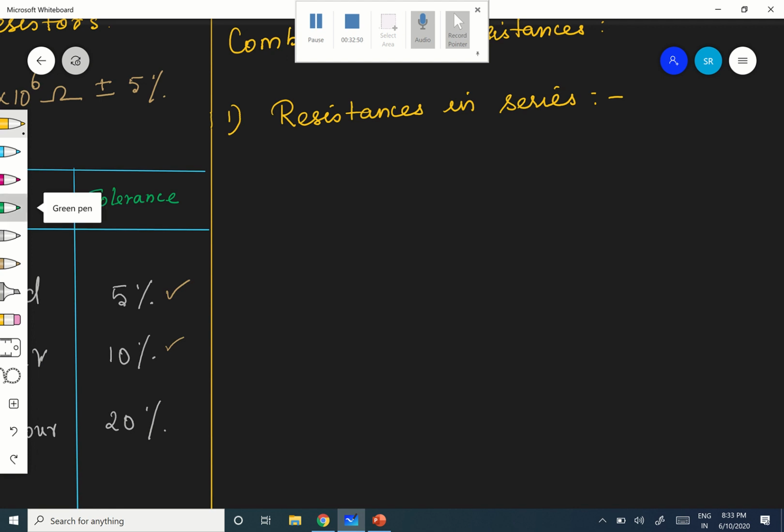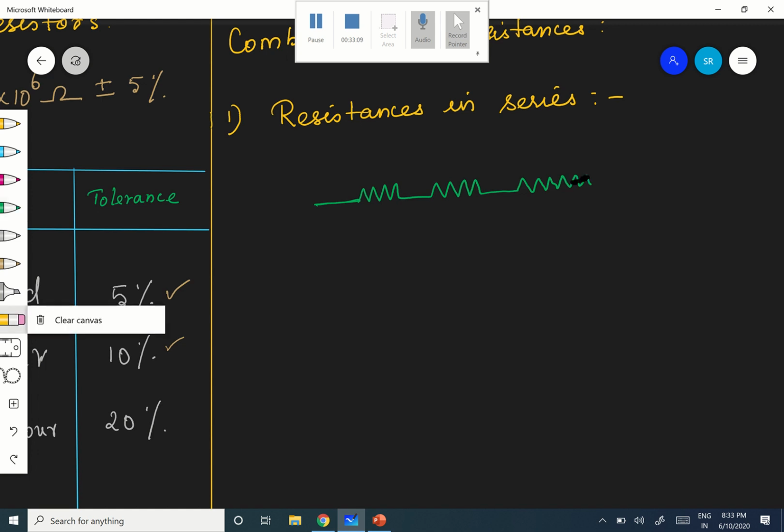I have 3 resistors which are connected in series. Therefore, the resistors are R1, R2, R3. The number of waves in the symbol doesn't mean that it has more resistance. It is just a representation, that's it.